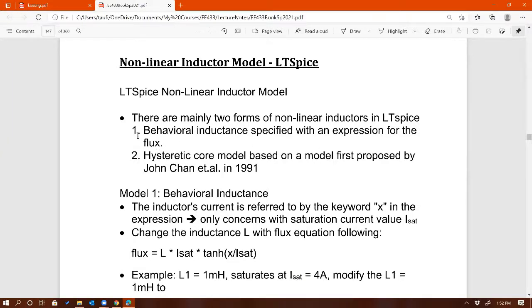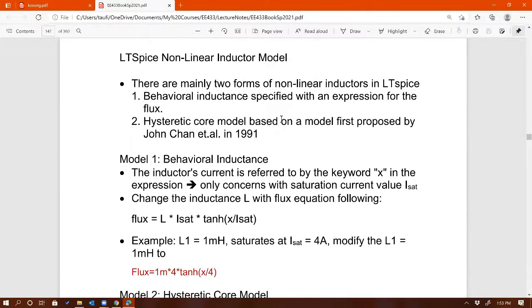That's the first model, which you didn't do this week. You did the second one. What you did in the lab today and on Tuesday is change the L value with the hysteretic core model, based on a model first proposed by John Chan back in 1991. So that's the model that you used in the lab this week.